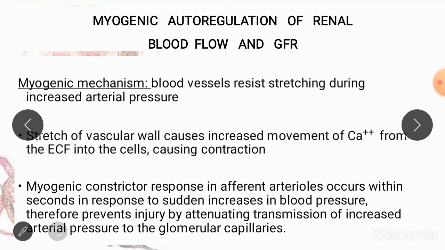To maintain the renal blood flow and GFR within normal ranges, the myogenic mechanism takes place, and it causes constriction of the blood vessels, so that a lot of blood may not enter into the glomerulus or destroy its membrane or produce greater than normal GFR. So this is myogenic autoregulation of renal blood flow and GFR.